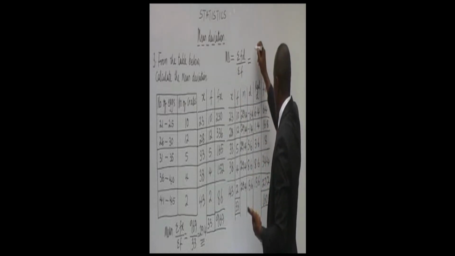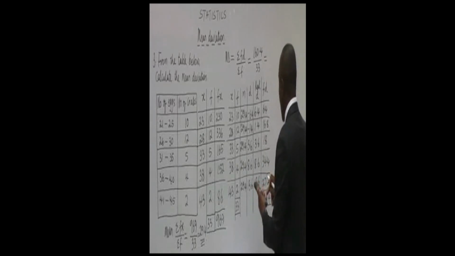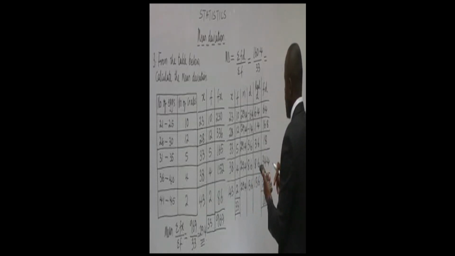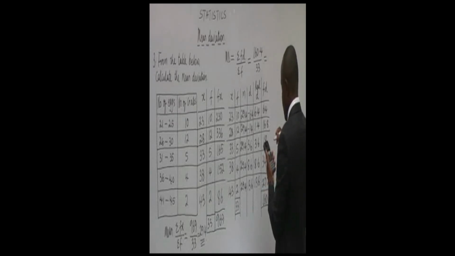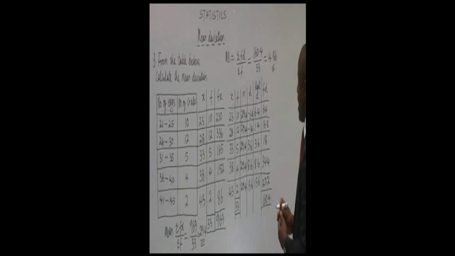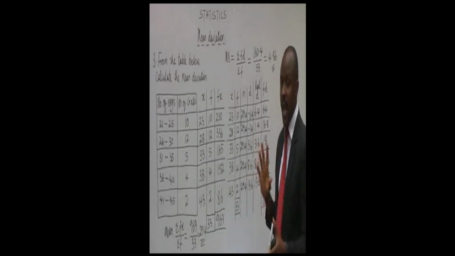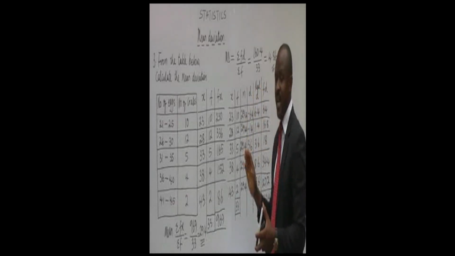Summation FD is 160.4, while summation F is 33. If we divide, whatever we have is our mean deviation. So 160.4 divided by 33 gives me 4.86. And that is our mean deviation that the question has asked us for. And this has brought us to the end of our discussion on mean deviation.